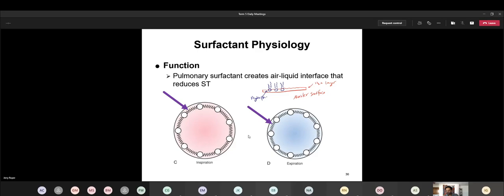Hydrophilic, did I say phobic? And of course, the hydrophobic ends are not. Or the hydrophobic tails.